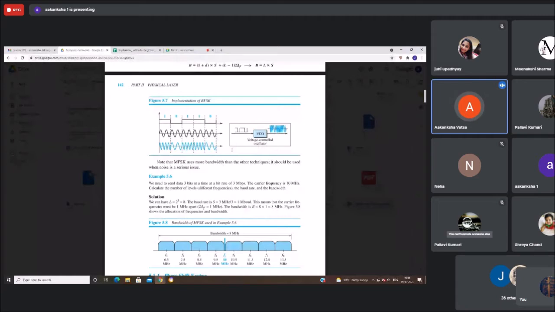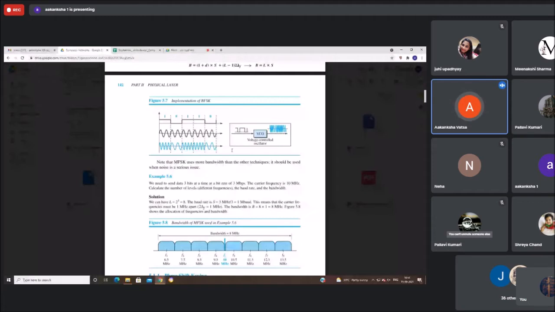So we can represent 3 bits using one frequency. So I need to send 3 bits at a time at a bit rate of 3 Mbps. So my bit rate is 3 Mbps and the carrier frequency is 10 megahertz. Calculate the number of levels, different frequencies, the baud rate and the bandwidth.